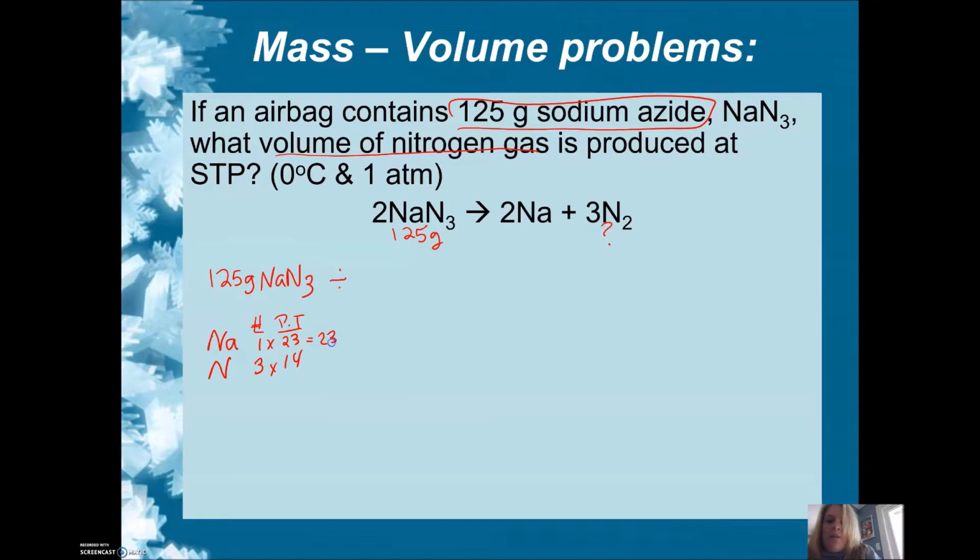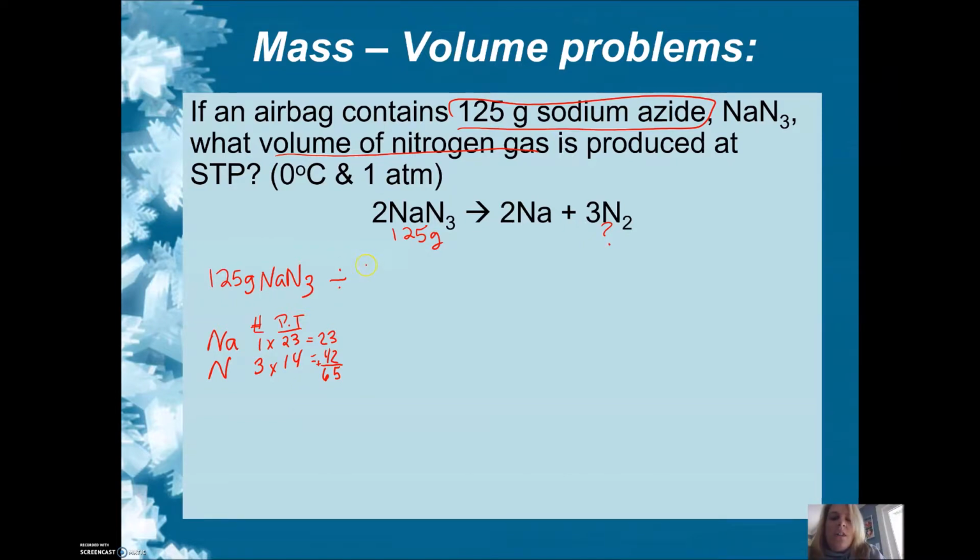So I have 23 grams per mole of sodium, and 3 times 14 is 42 for my nitrogen. If we add 23 plus 42 together to get our molar mass, that's 65.